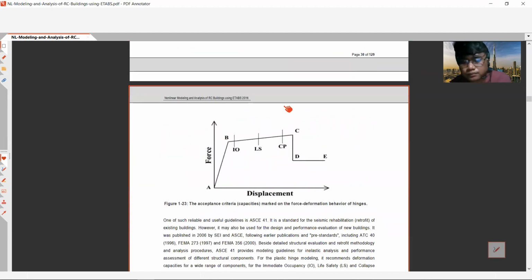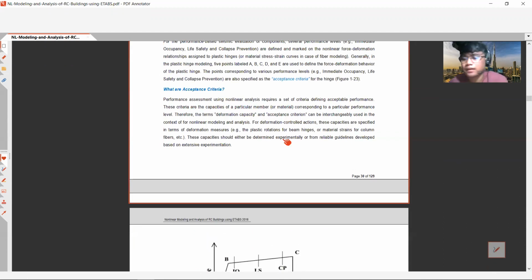So when we plot the capacity curve, we define a displacement, like in the pushover analysis. When we push, the first thing we see is the plastic hinge, and that is the displacement.